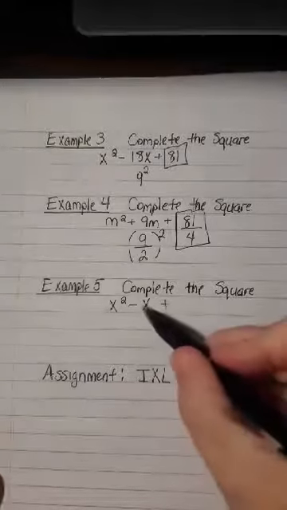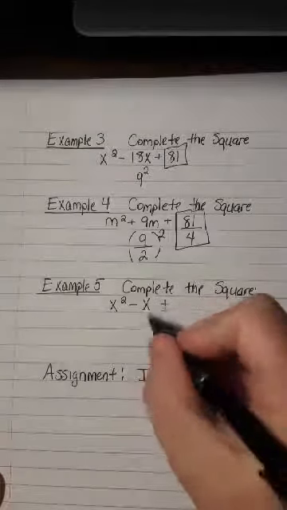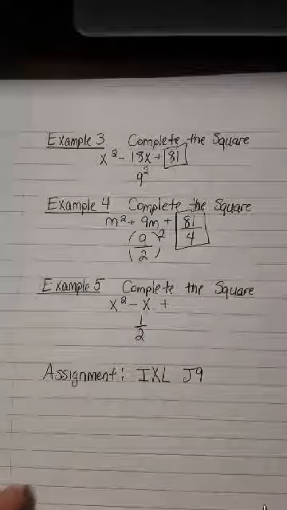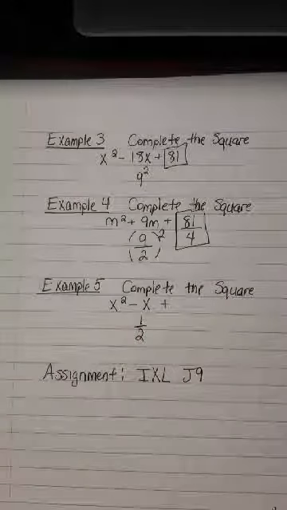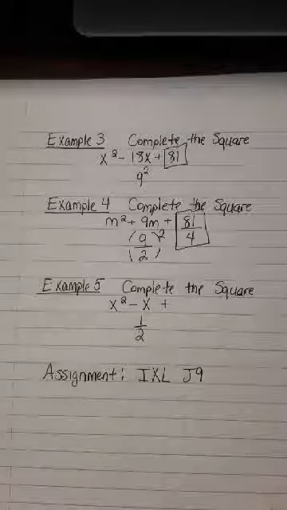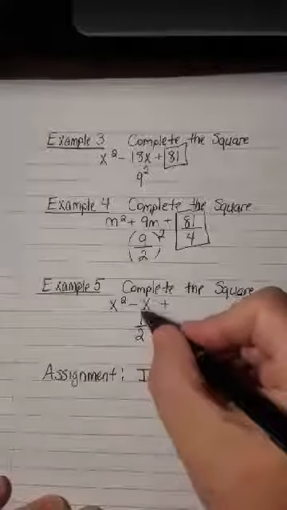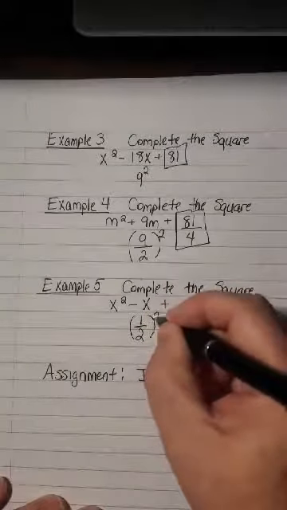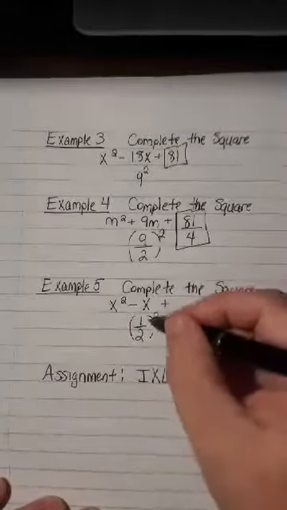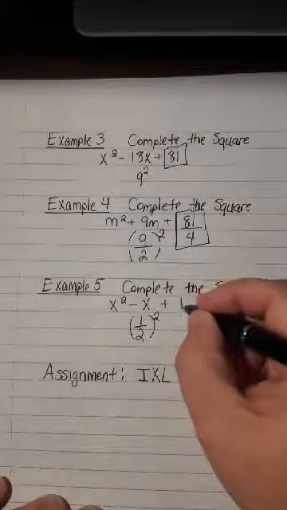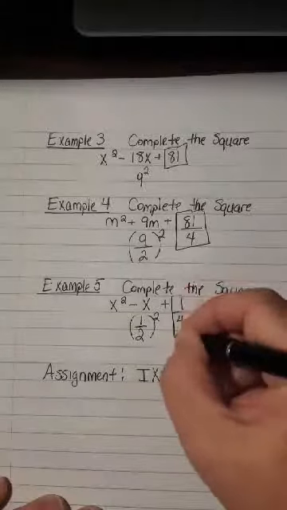So half the b term, which is 1 over 2, because you can't half a 1 other than making it 1/2 or 0.5. And they don't want any decimal answers. They want fractions. So after you've put your b term over 2, now just square it. And that's going to be 1 times 1 over 2 times 2, which is going to be over 4, and that is your answer.